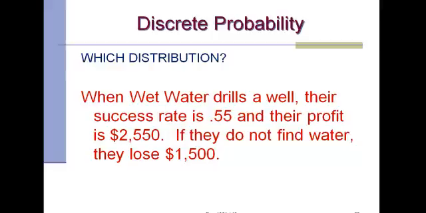So it'd be 0.55 times $2,550 plus the probability of failure. Well, the probability of failure is 0.45, and you'd multiply that times a negative 1,500, and then you'd add those two calculations together to find the expected value of their endeavor.